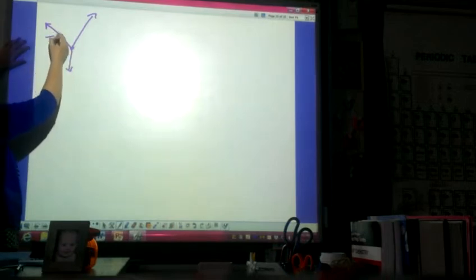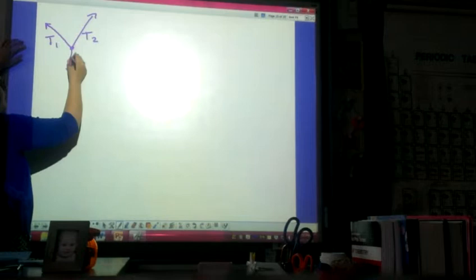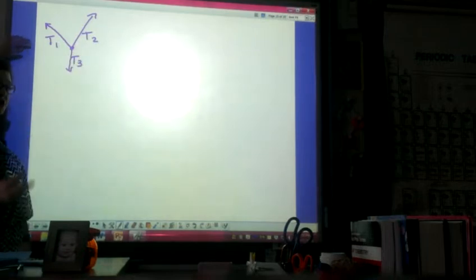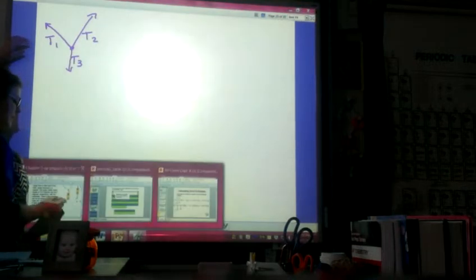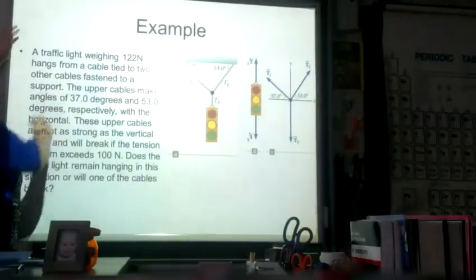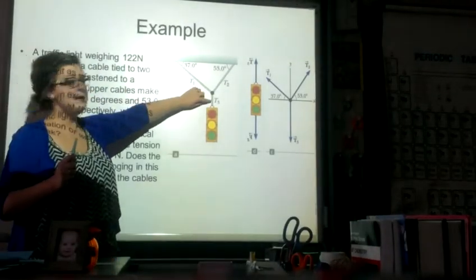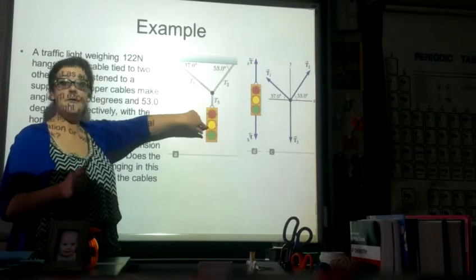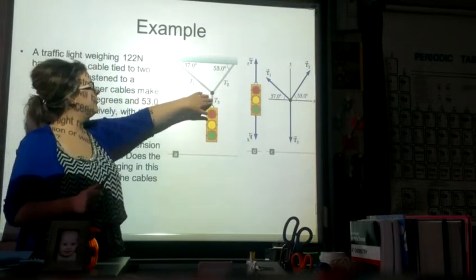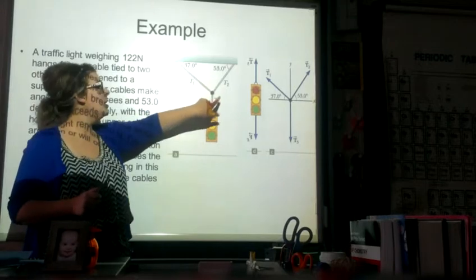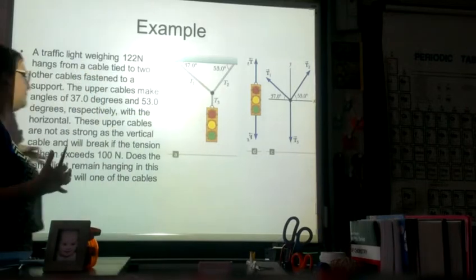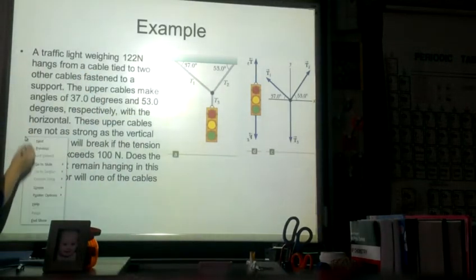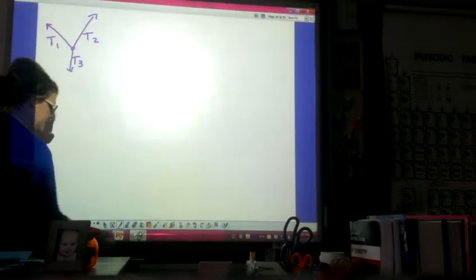This one was T1, this one was T2, and this one was T3. I actually have 2 free body diagrams, and the reason is that I want to find what T3 is, and I can find that by having the free body of just the traffic light. And then I could think about the free body to find T1 and T2 based on the intersection point of all of the tensions, okay?